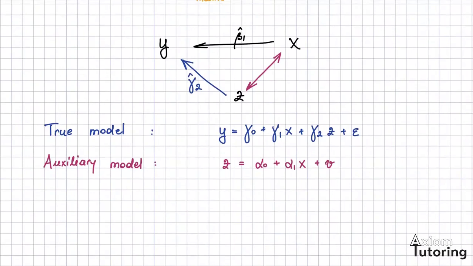Between Z and X, I would have had this alpha 1 hat estimation. So the bias from the previous video, we know it would have been whatever the true beta is minus the beta 1 hat, the number. Normally we would put the expectation of beta 1 hat here, but let's just say beta 1 hat for now.